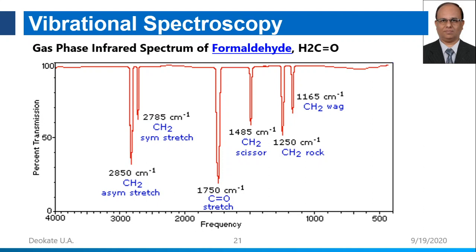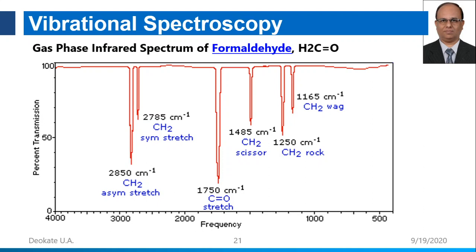If it is shifted to the higher side, that is towards the red side, it is known as red shift. If it is shifted towards the lower side, it is known as blue shift, hypsochromic shift. So we know that various factors like solvent and other hypsochromic and hyperchromic groups will be shifting the lambda max position.